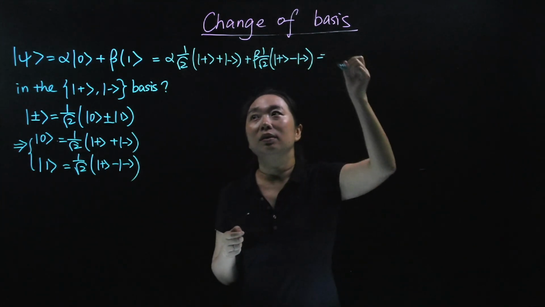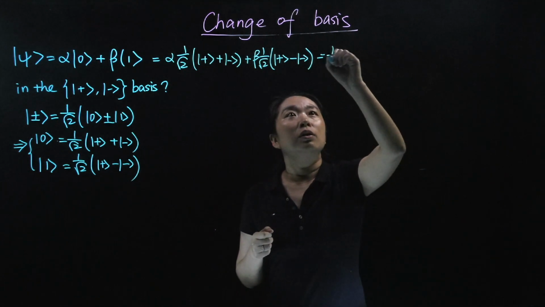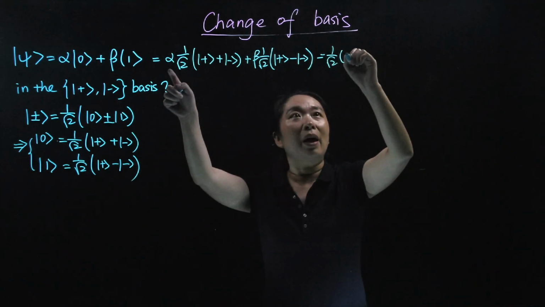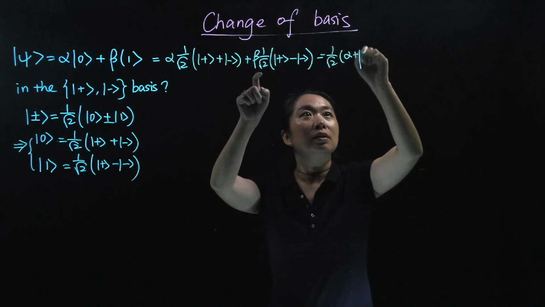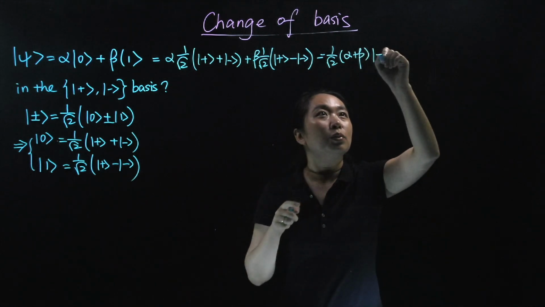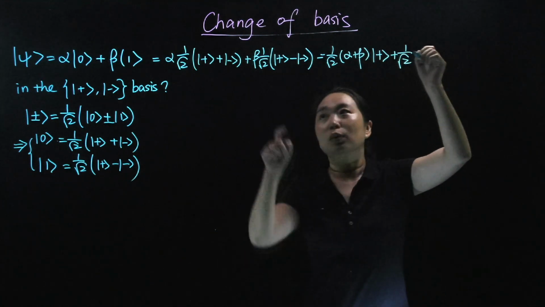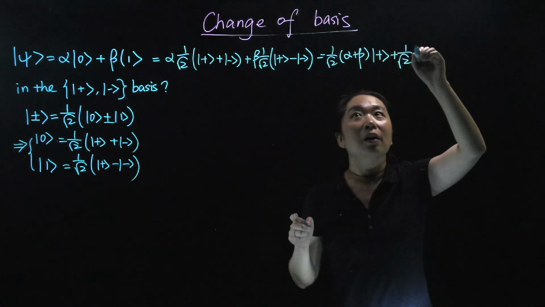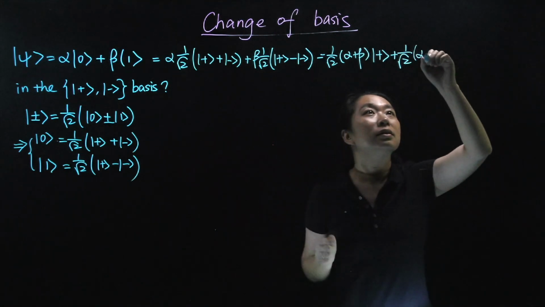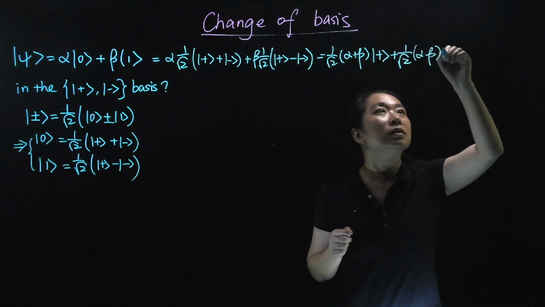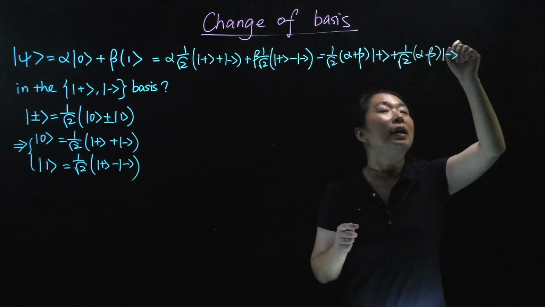This is just 1 over square root 2, the term alpha plus beta that goes with the plus state, and 1 over square root 2, the term alpha minus beta that goes with the minus state.